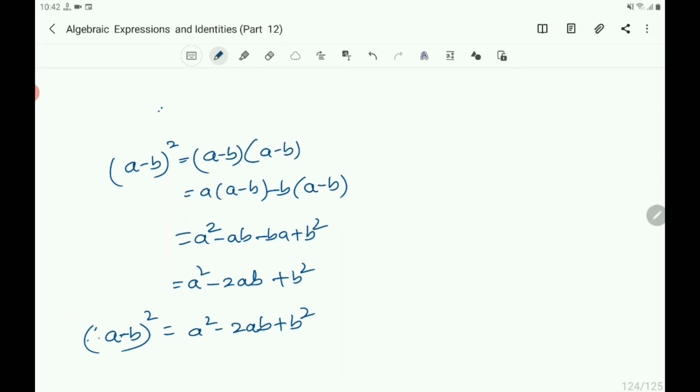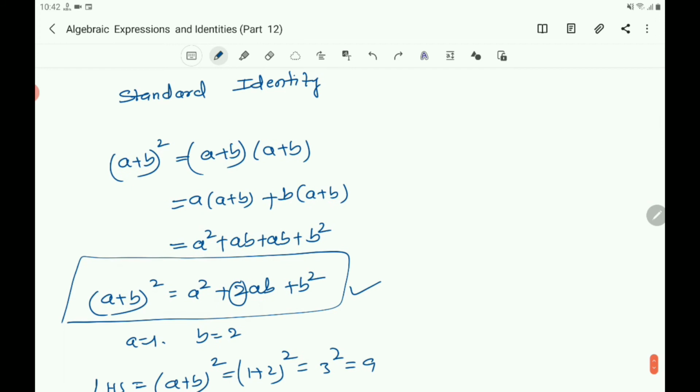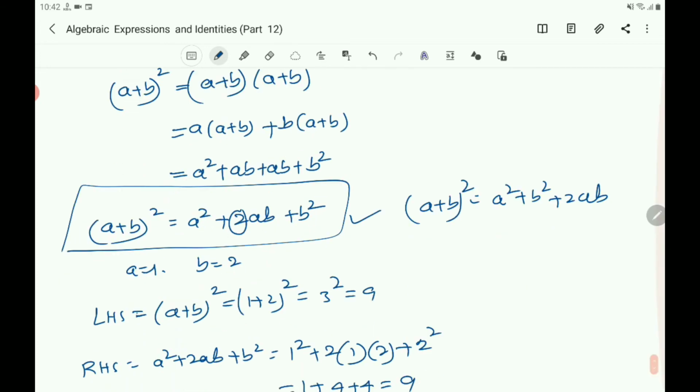Here what is the difference between the (a plus b) whole square expansion and the (a minus b) whole square expansion? Terms are the same, but the only difference is that (a plus b) whole square has plus 2ab and (a minus b) whole square has minus 2ab. And you can also write it as (a plus b) whole square equals a square plus b square plus 2ab. The terms can be exchanged, second term and third term.